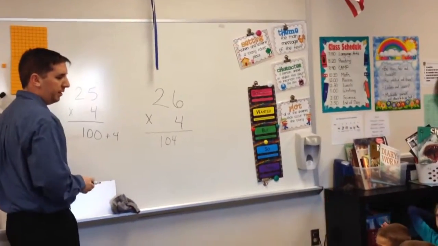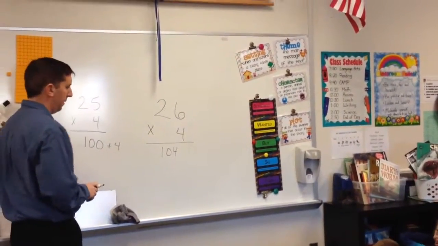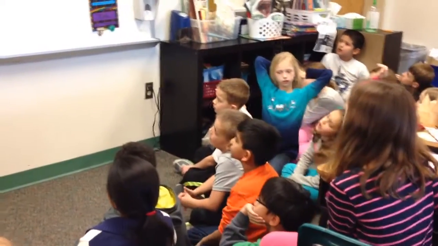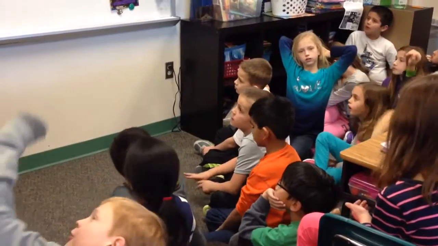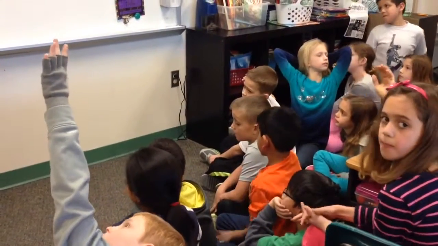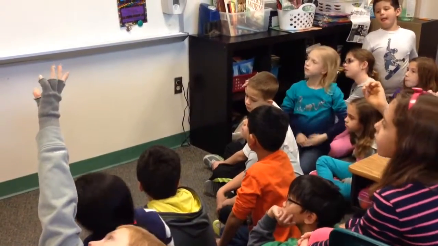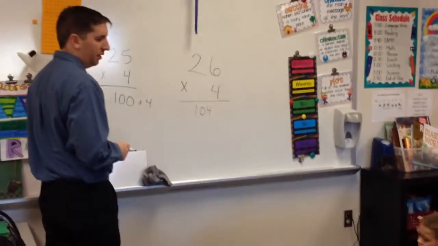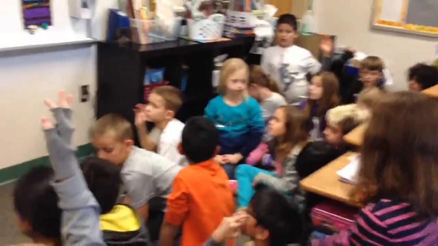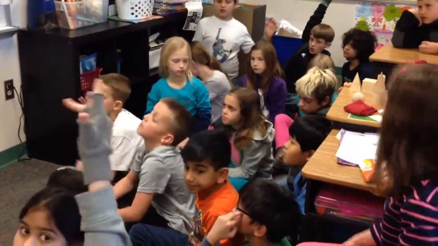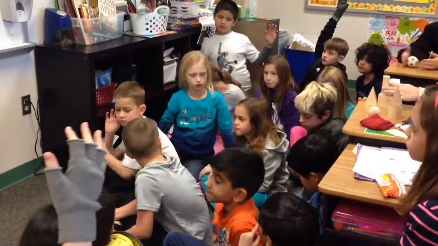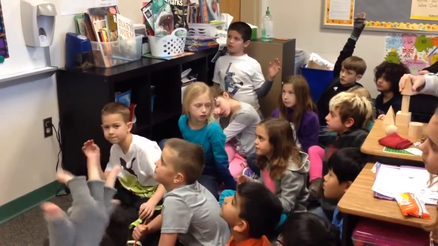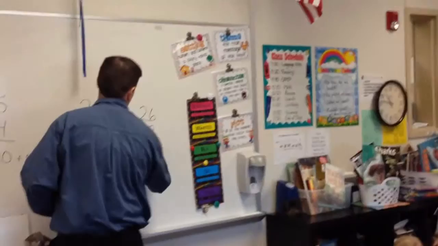Another way, Jack? I did 25 times 4 and that equals 100. And then I added 4 more ones and I got 104. I added 100 plus 4. Great strategy. I knew that 26 times 2 is 52, so I just did 52 plus 52, and that equals 104.